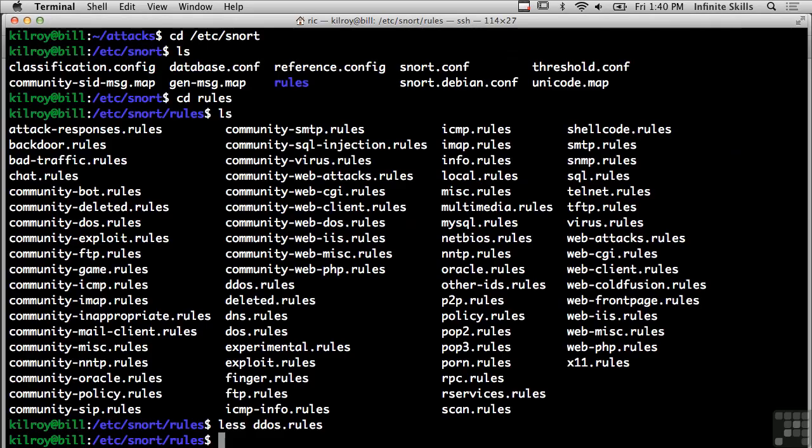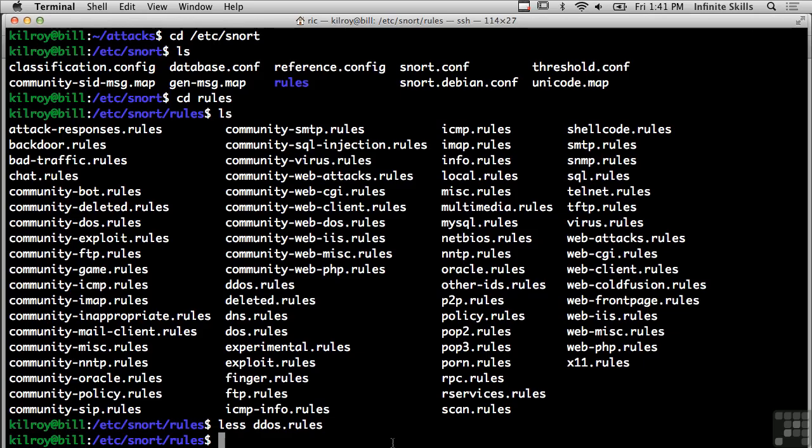Now this is just one file, and I could configure Snort to load up any number of these different rules files. So for example, web attacks or virus, or telnet or SQL or SNMP, or different types of mail attacks. So there's a lot of different rule sets here for different types of attacks.